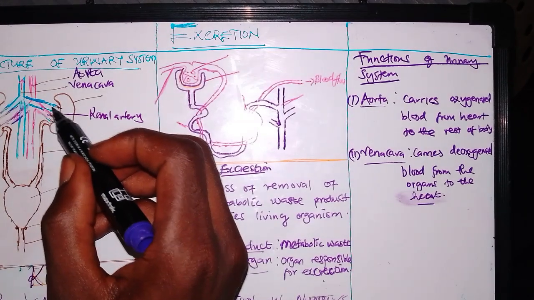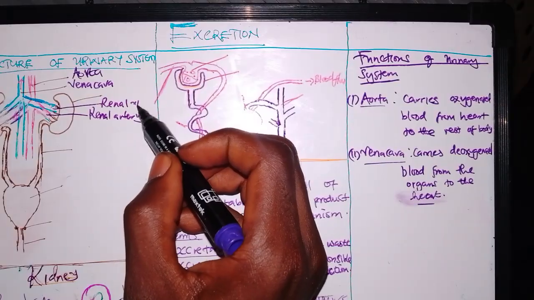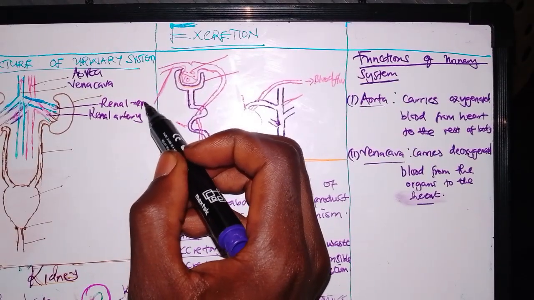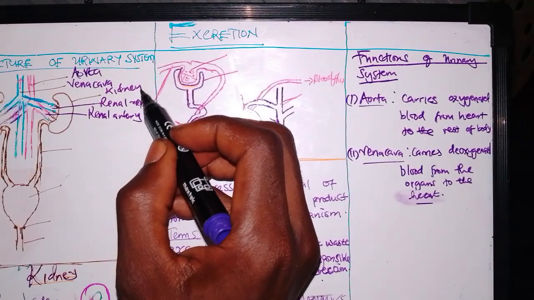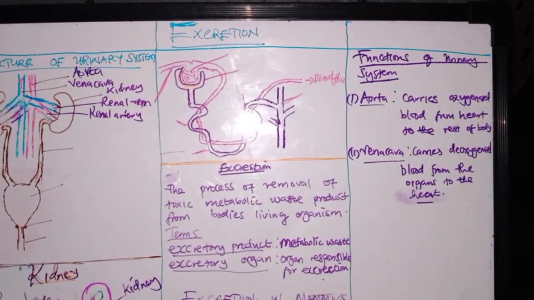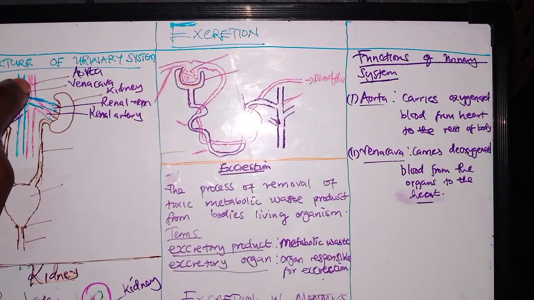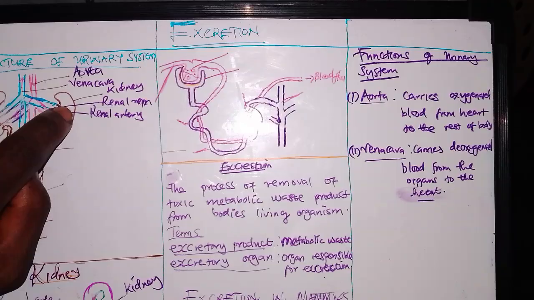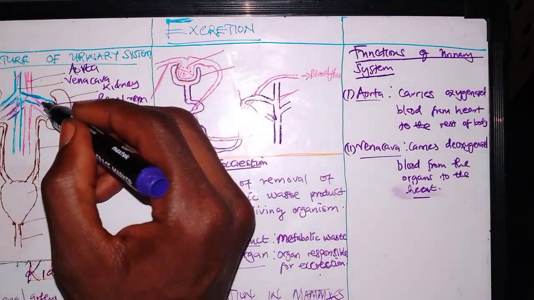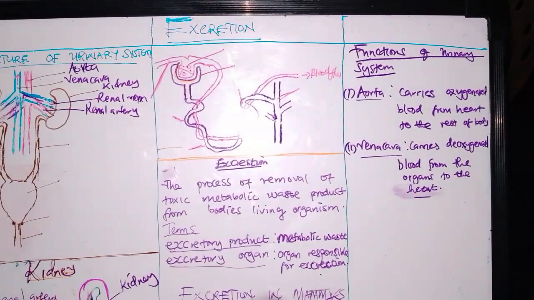Then this one in blue is known as the renal vein. Then this is the kidney. Yeah. So the renal artery basically gets blood from the aorta and transports it to the kidney. Then the renal vein gets blood from the kidney and does what? Transports it to the vena cava.